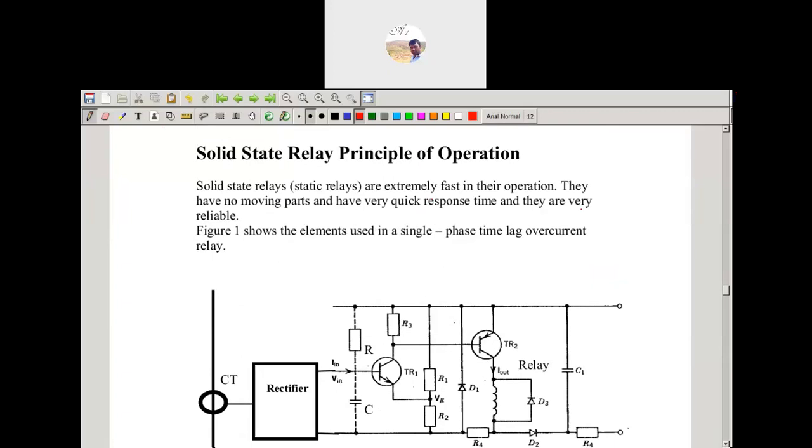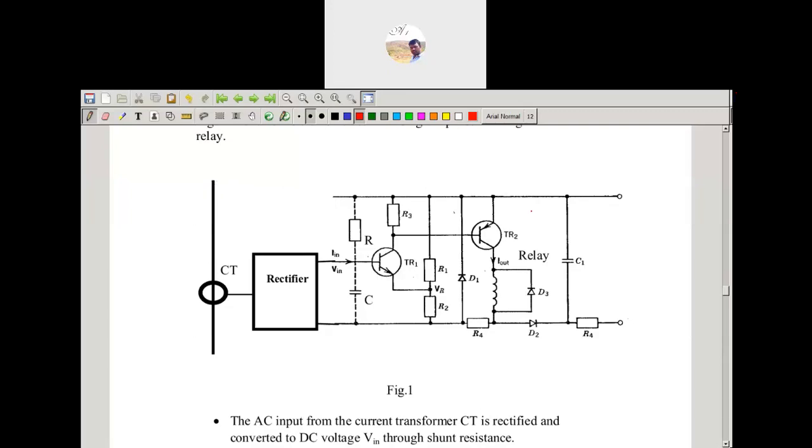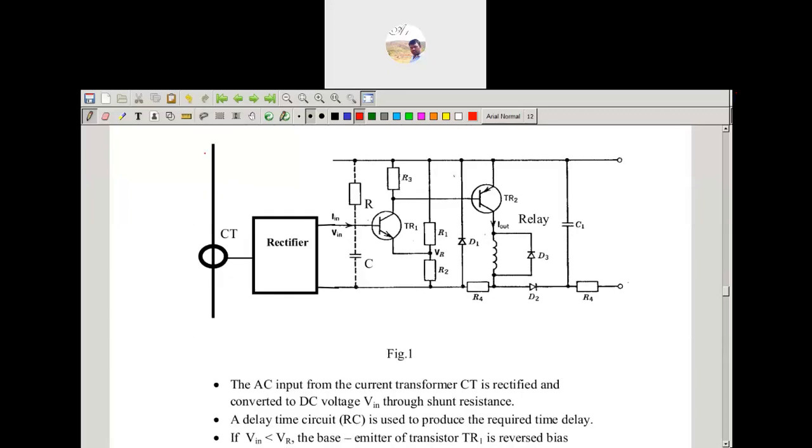The solid state relay is extremely fast in operation, has no moving parts, gives a quick response, and is very reliable. You can see the input here. The input signal comes from the CT, which is connected to the rectifying circuit.